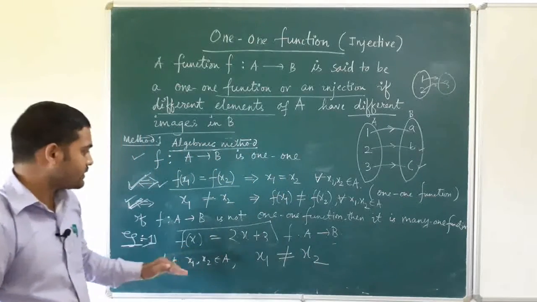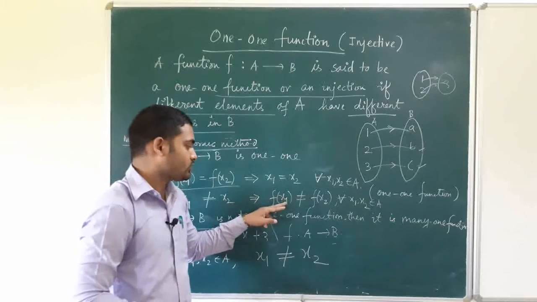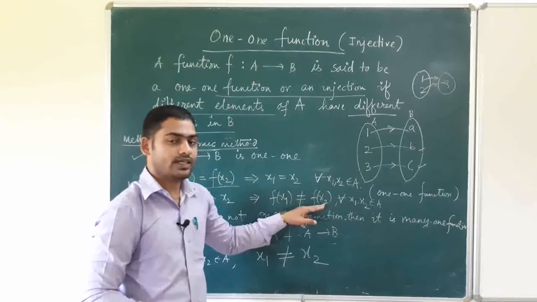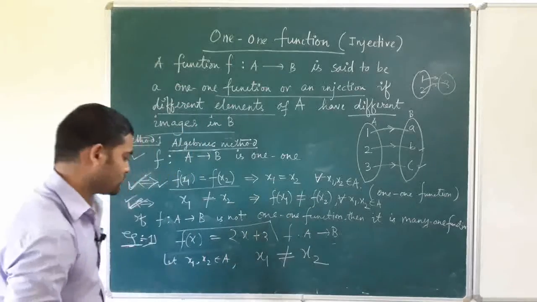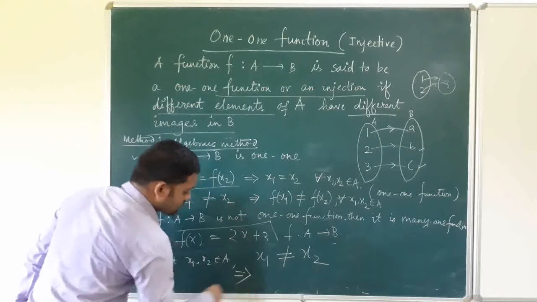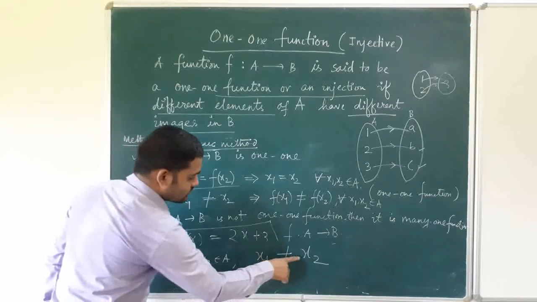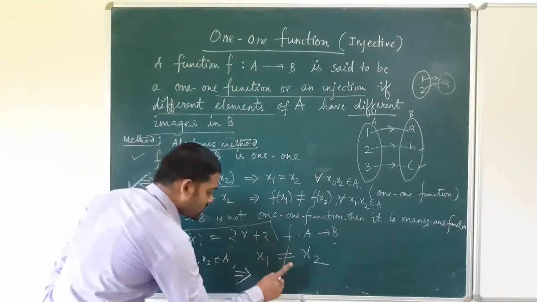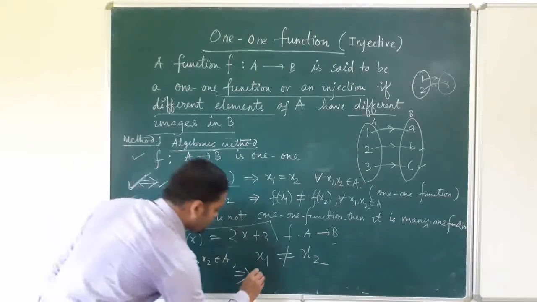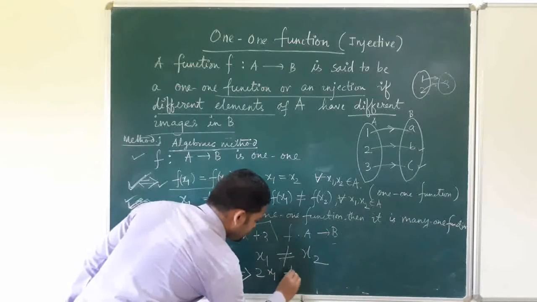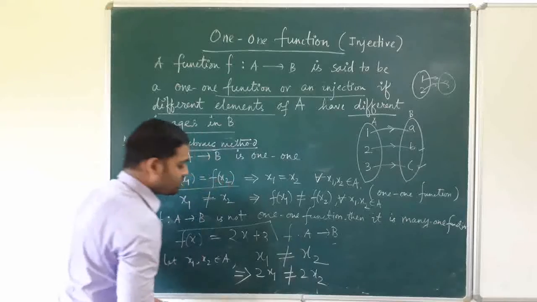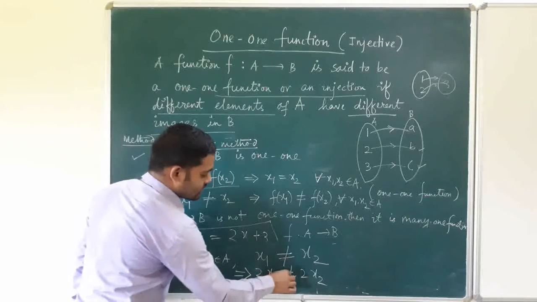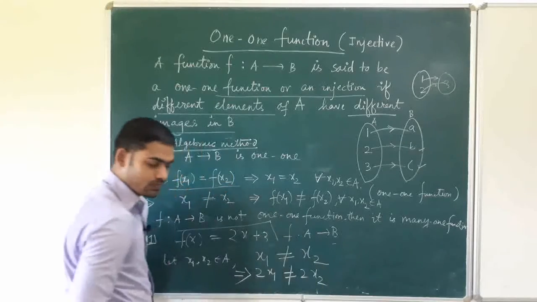Now we show that f of x1 is also not equal to f of x2. See, x1 is not equal to x2. If we multiply both sides by 2, then also 2x1 is not equal to 2x2.